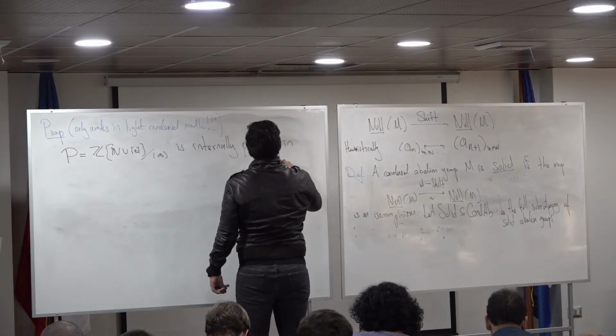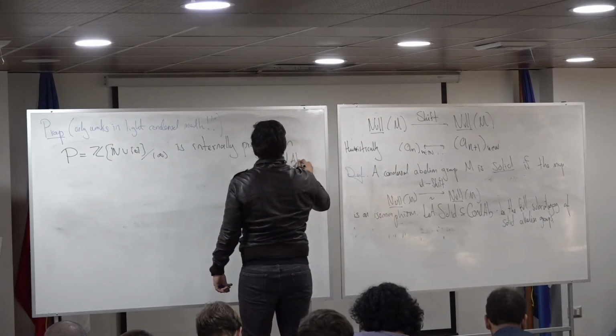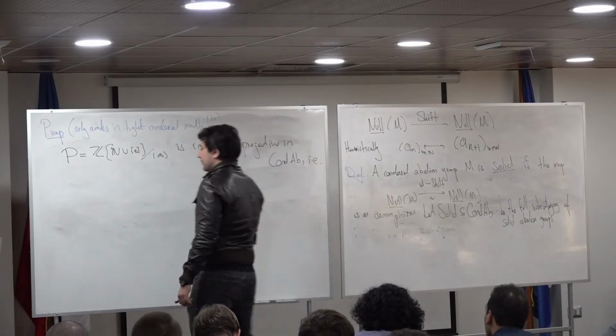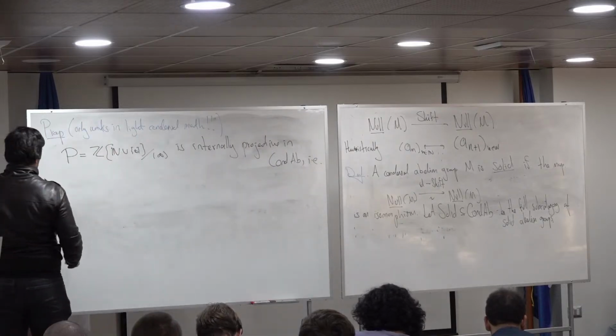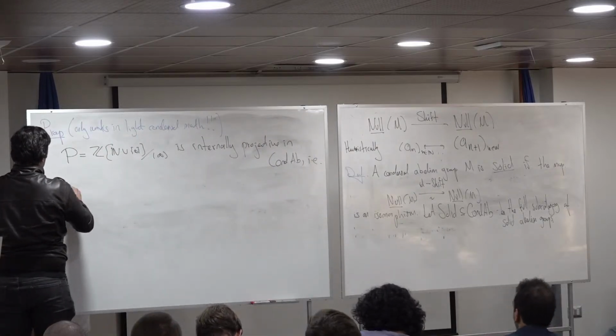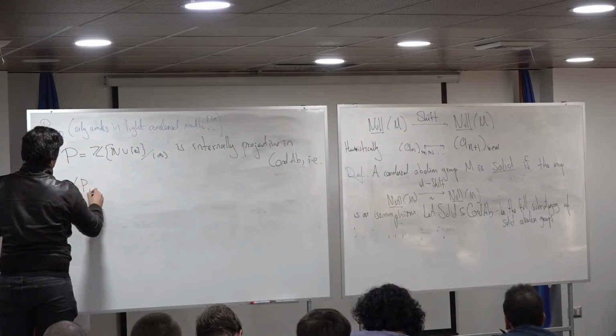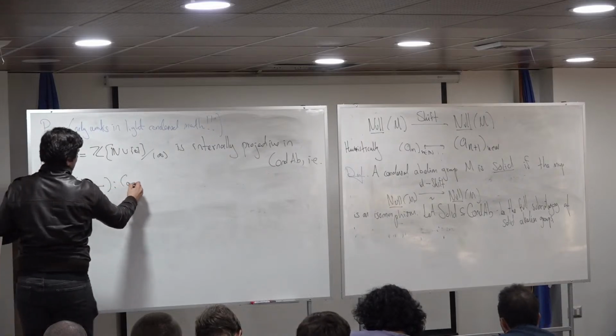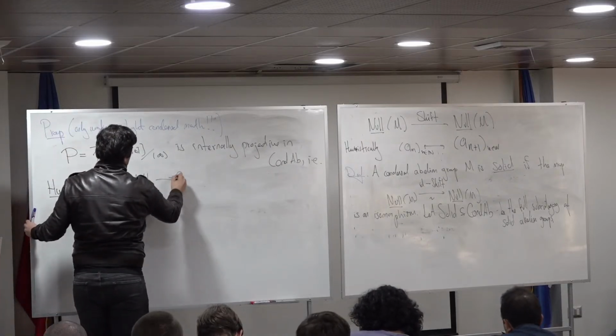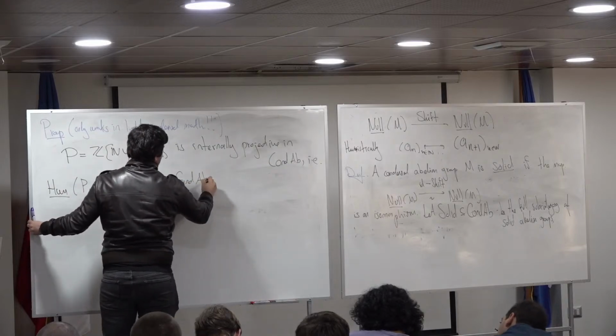In condensed abelian groups, this means that the functor from P to something, from condensed abelian groups to condensed abelian groups, the internal Hom out of P, is exact.